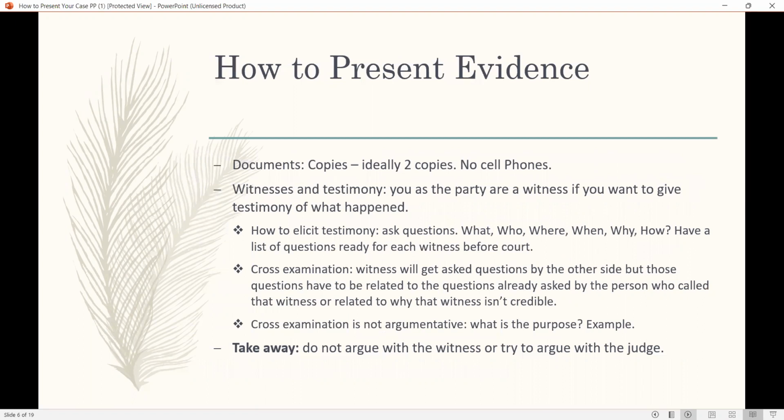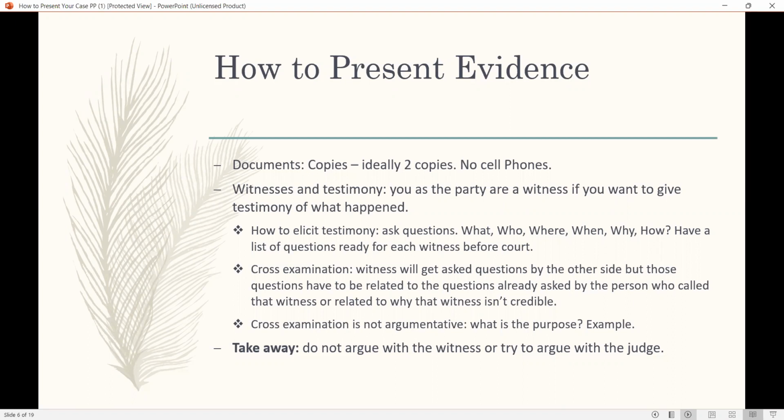But if you're prepared, the next couple of slides are instructions or tips on how you might get evidence before the judge and into court. Again, this is general information. There are always exceptions, or the particular facts of your case may not apply to these rules.